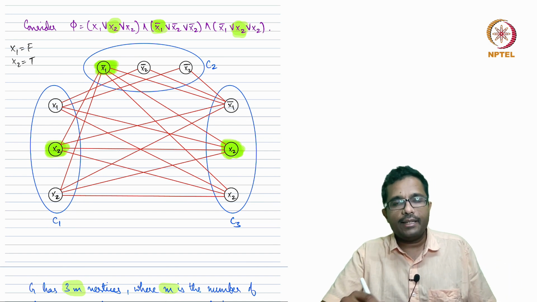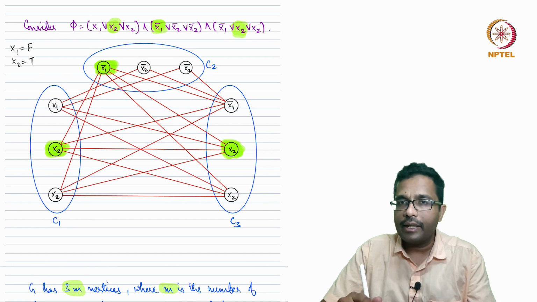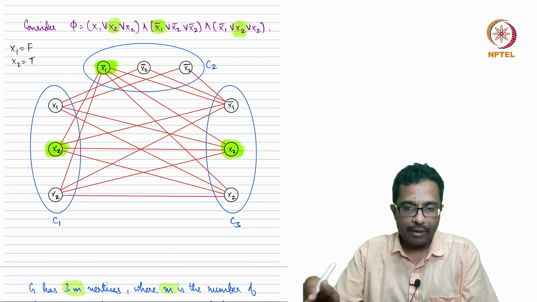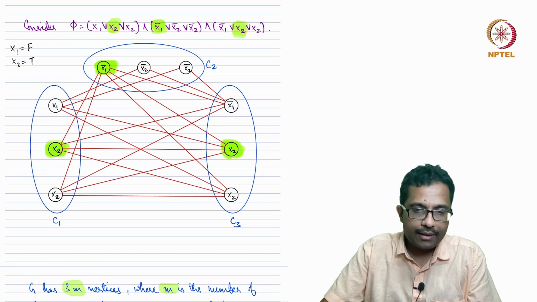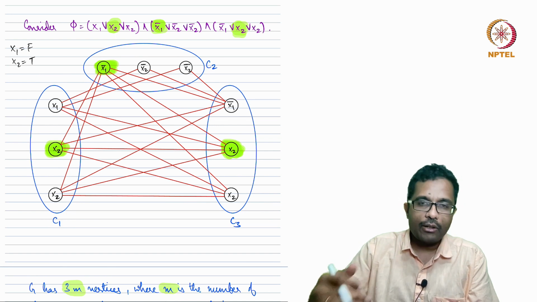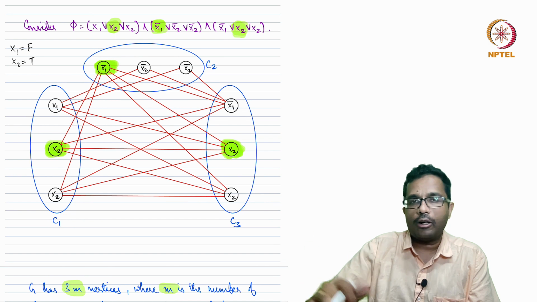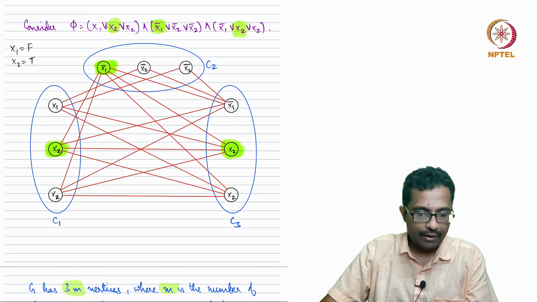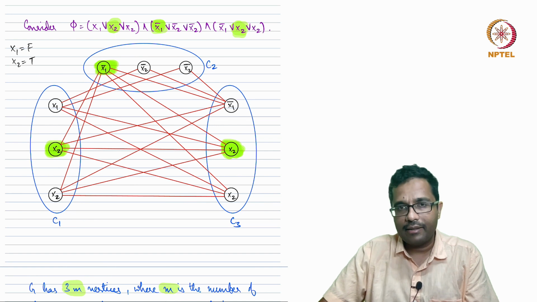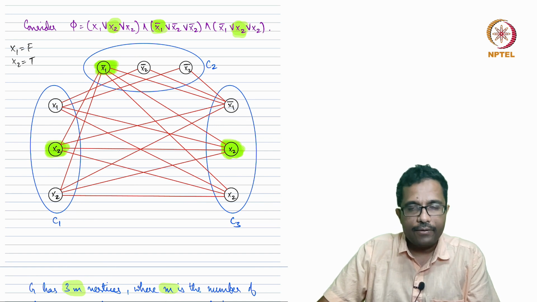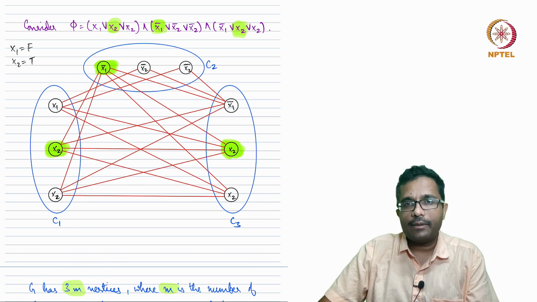And the claim is that these form an M clique, because they are from M clauses, and because it is a satisfying assignment, it will not have both xi and xi complement for any i, right. So if phi is satisfiable, G has an M clique.